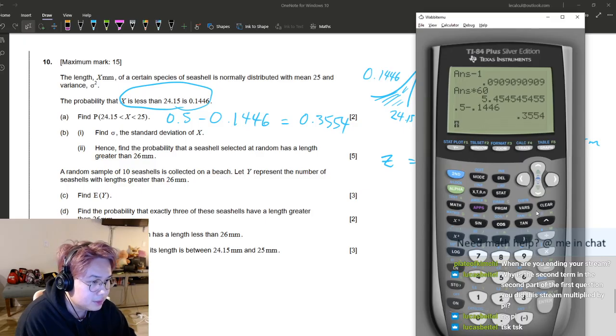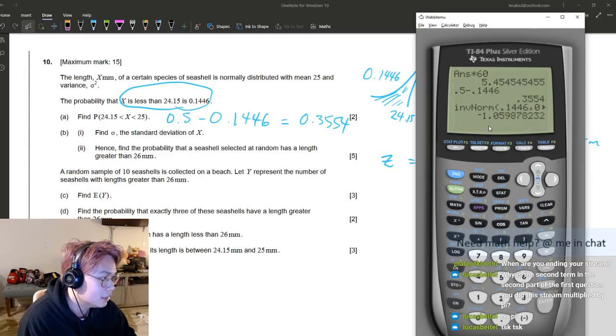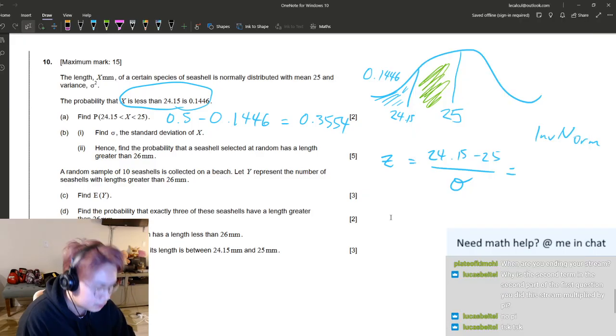So we go to our distributions, we go to an inverse normal, and then it's the same area, of course, but when it's standardized, we know the mean and standard deviation, so we can calculate the z-score this way. So negative 1.06.